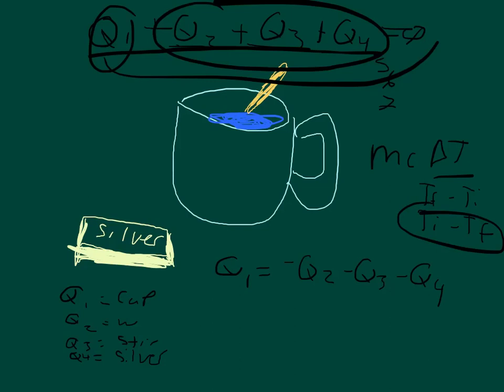But instead of making a massive equation using this, I'm going to simplify it just a bit. Because we're allowed to use substitution in our problems, I'm just going to set up a column. This column is aluminum, this column is water, and this column is stirrer.